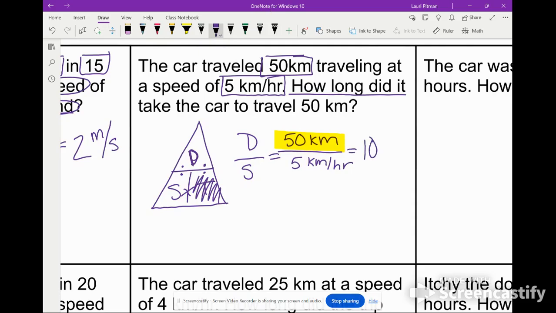And now to figure out what our unit of measurement for our answer is, well, they asked us how long, right? That's why we marked out our T for time. Well, if I look back at my problem, I have kilometers, but that's my distance. I also have hours, so that must be my time. So my answer is 10 hours. It took us 10 hours to go 50 kilometers.